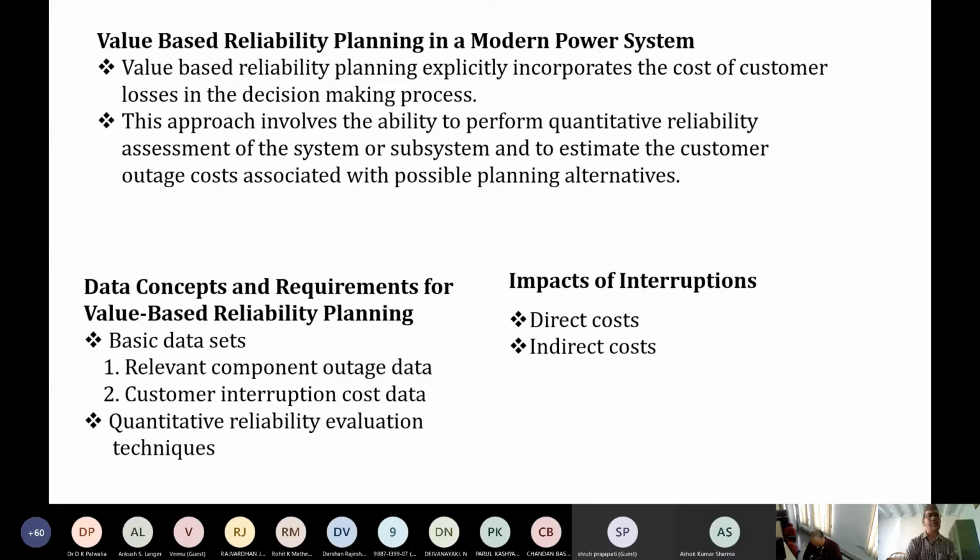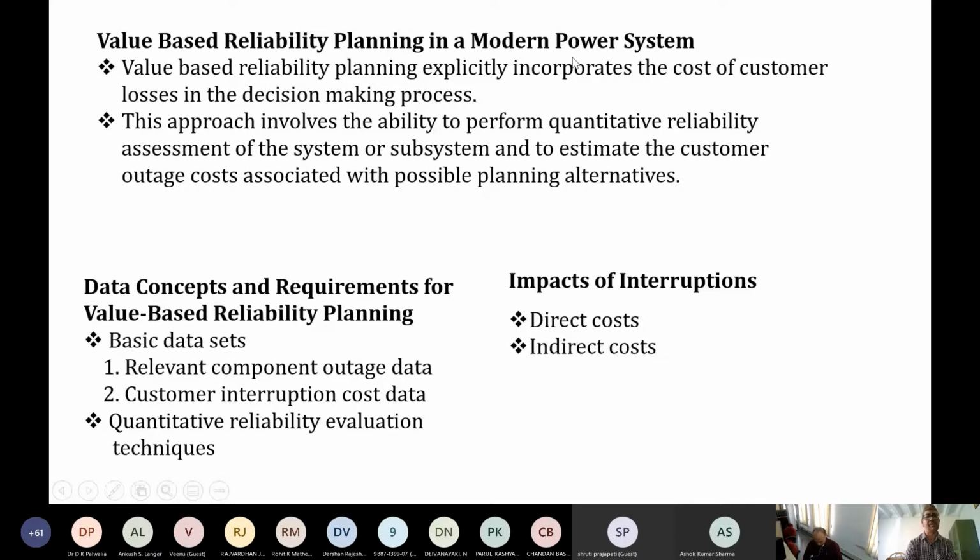So, value-based reliability planning in a modern power system. Value-based reliability planning explicitly incorporates the cost of customer losses in the decision-making process. So when we decide on making any additional investment into the power system so that the reliability level is maintained, we definitely incorporate the customer cost.